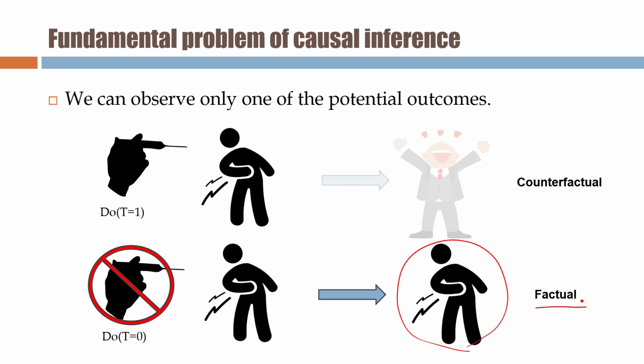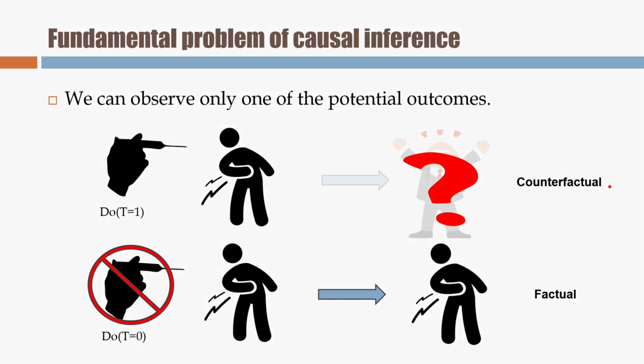Could he be fine, I mean get healthy, or would he still be sick? I don't know because we didn't try. So this is a counterfactual, but all the data we have is only one side of the potential outcome. This is the fundamental problem of causal inference.